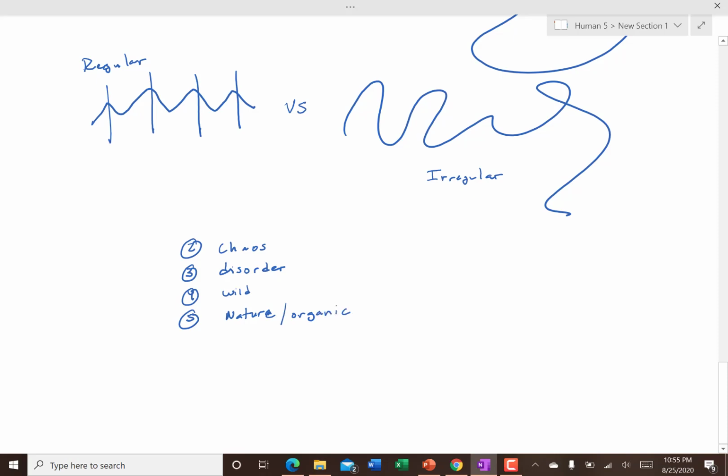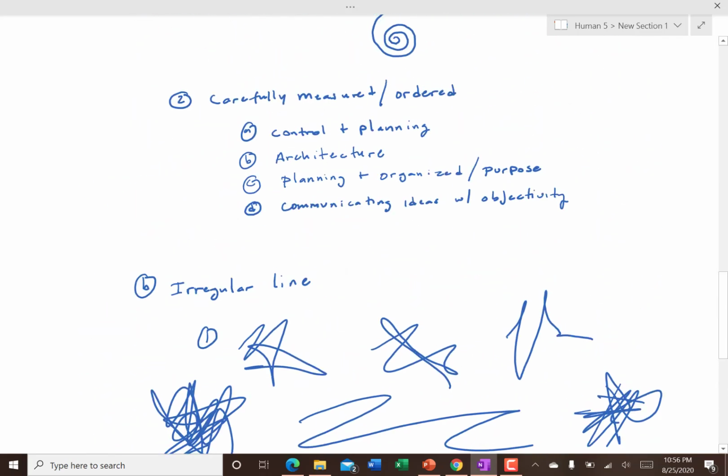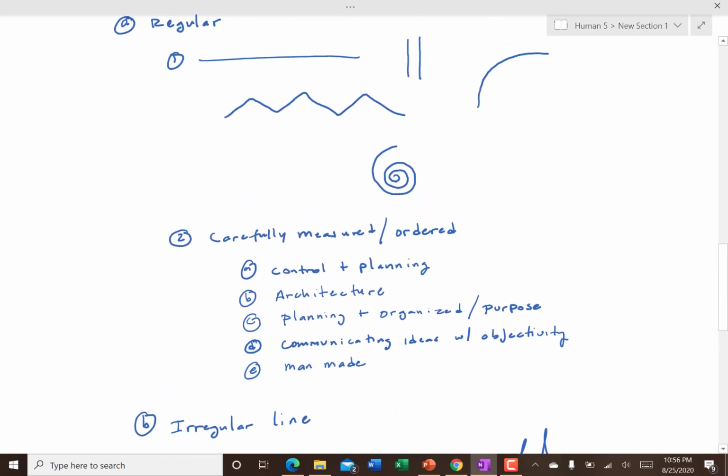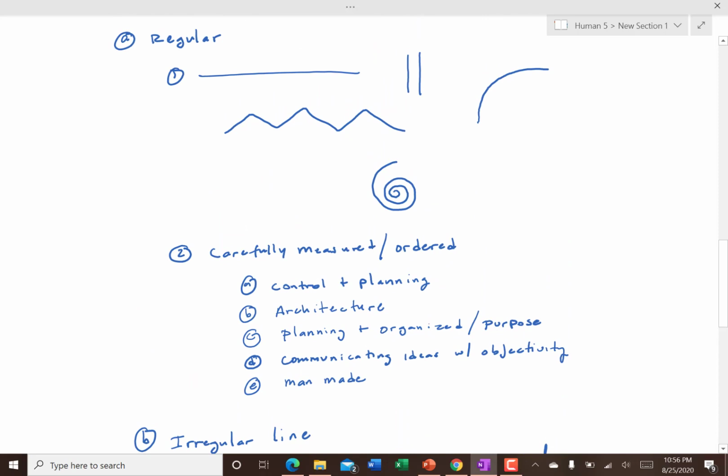Right, we're going to look at organic shapes next time, and organic shapes have a sense of irregular lines. And the reason for this, nature and organic. Why nature and organic? Oh, that's one we could add to this too. You know, man-made. Okay, because regular lines come off more as man-made because they are lines that you don't always see in nature.